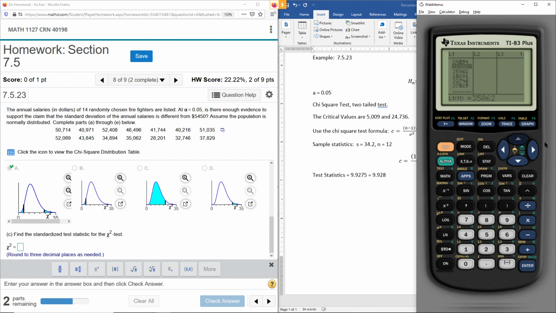Okay, 15. Oh, here, I got it. You see how I have a duplicate in there? So let me just hit the delete button. So there you go.